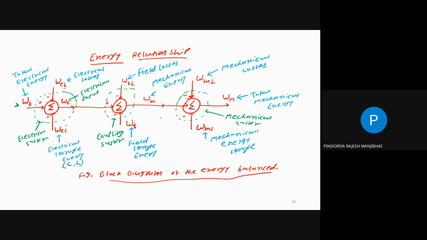The electrical energy is equal to the electrical energy plus WEL, electrical losses, plus WES. Equation number 1. You can see from this diagram, WE is equal to WEL plus WES plus WE. Correct? Otherwise, you can see WE equal to all the input. So we can write this equation.